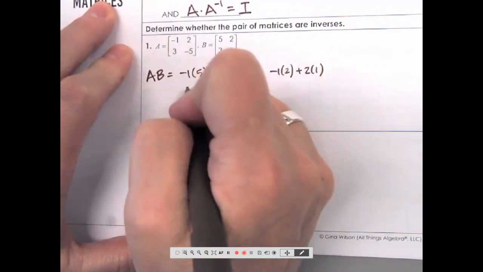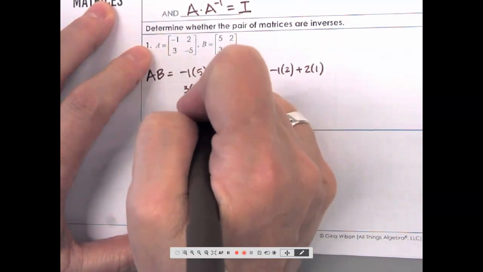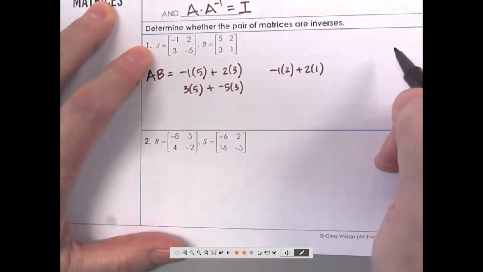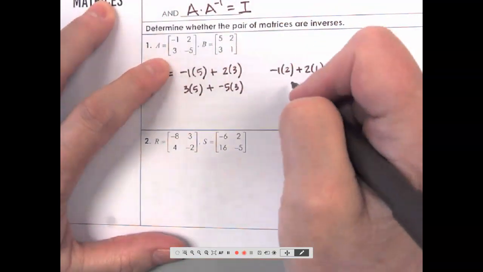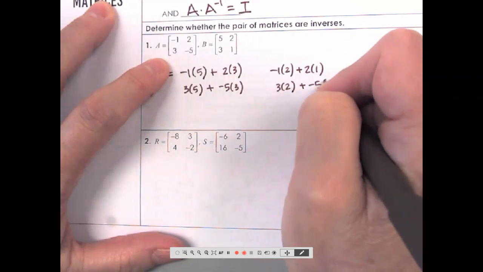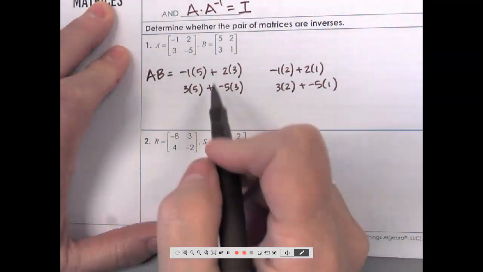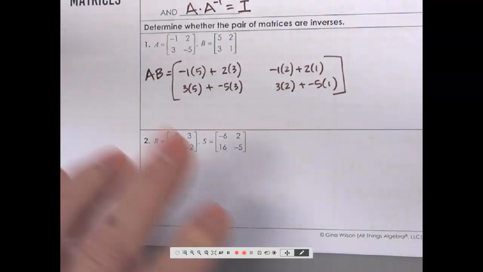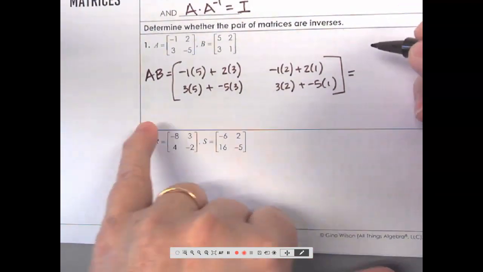Second row, first column. 3 times 5 plus negative 5 times 3. Second row, second column. 3 times 2 plus negative 5 times 1. Okay, so let's see what we get here.